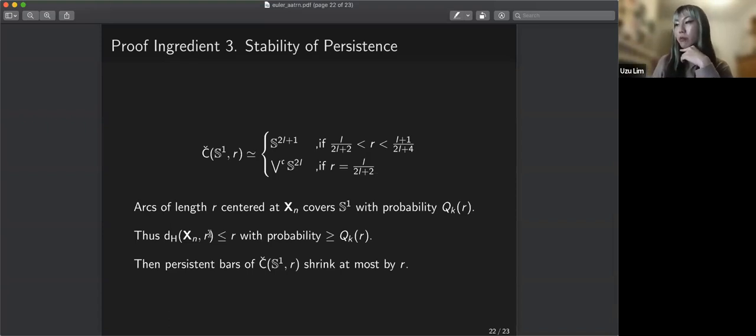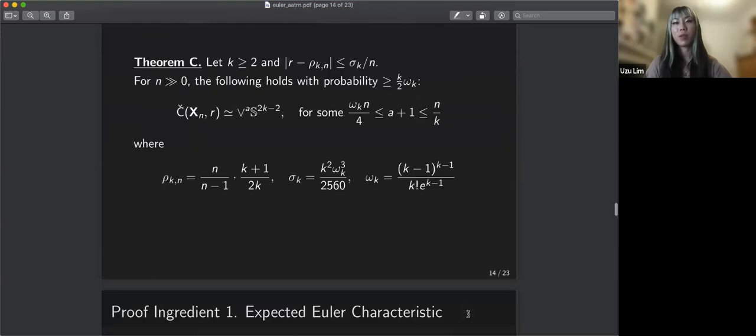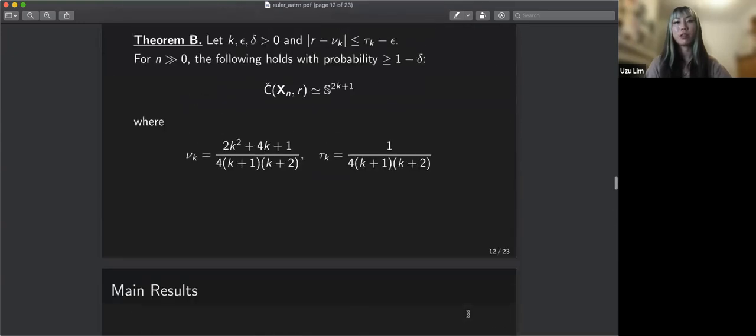It is in the preprint. You can give a precise lower bound for the probability of it happening using this QK quantity. But delta just makes the exposition simpler when I put it like this.